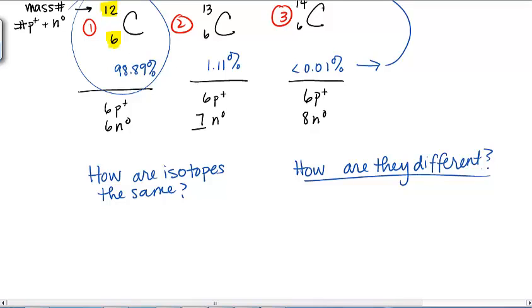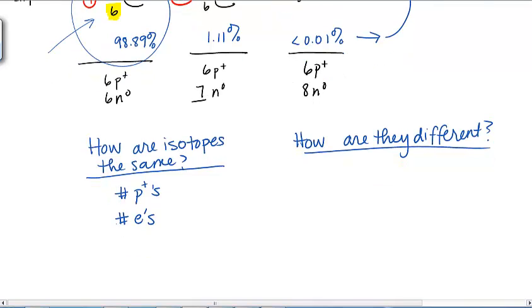And so when we look at this, hopefully it jumps out at you in terms of how they are the same. They have the same number of protons. They all have 6 protons. And in fact, if they're neutral, they would have 6 protons and 6 electrons, so that we have no charge. So they could have the same number of electrons in common.